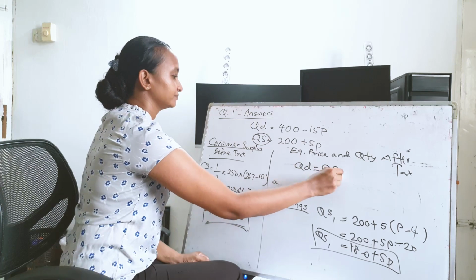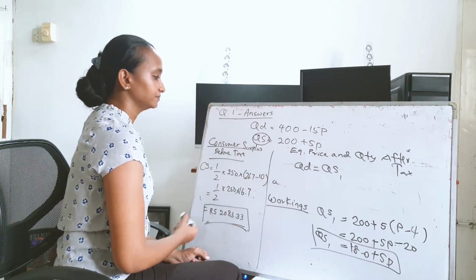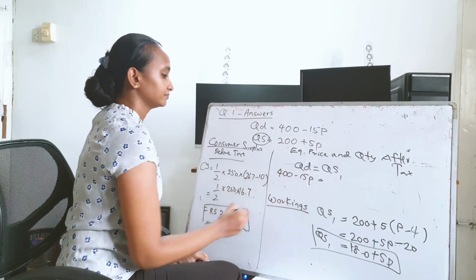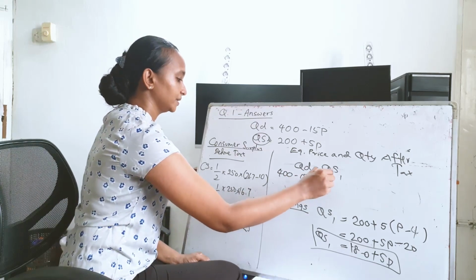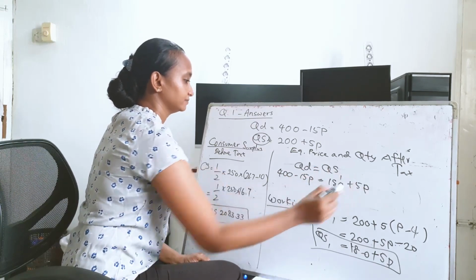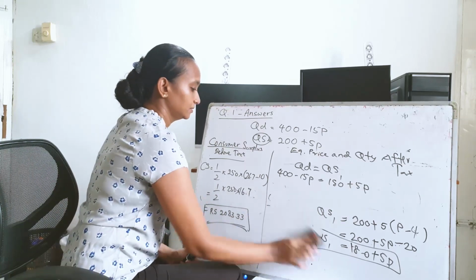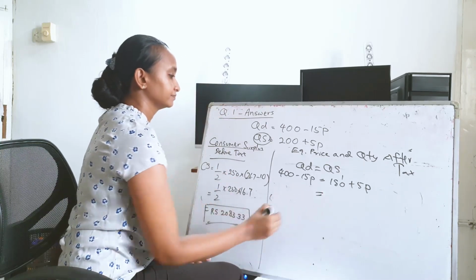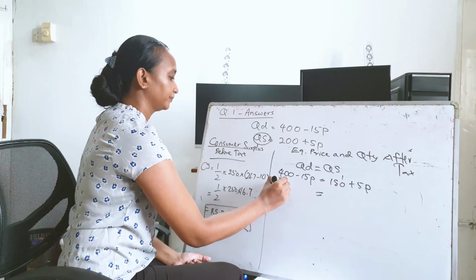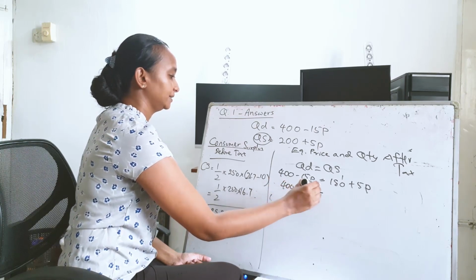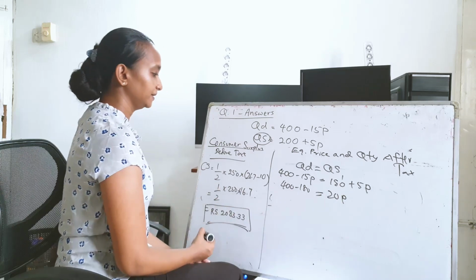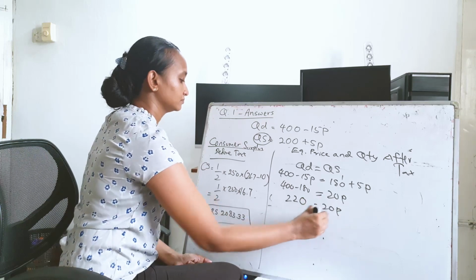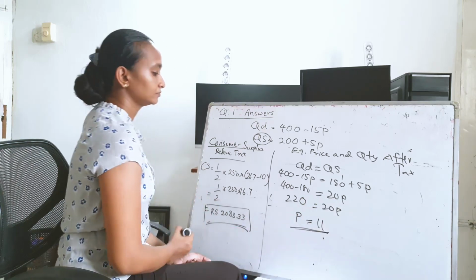QD equals QS1. QD is the same as previous, QS1 is 180 plus 5p. So 400 minus 180 equals 20p, P equals 11.